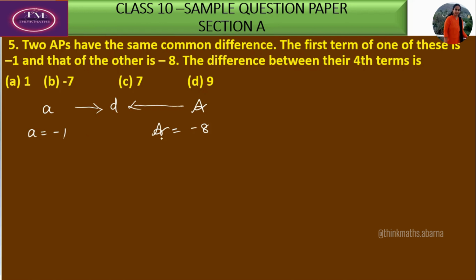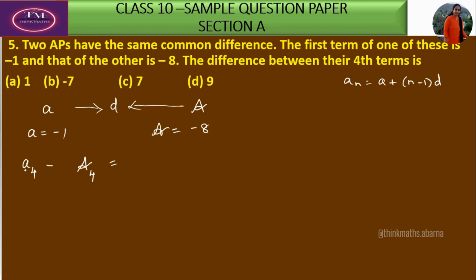Capital A denotes the first term of the other AP, it is minus 8. What is the question? The difference between their fourth terms. So the fourth terms are denoted by small a4 and capital A4. So what is the formula? An equal to a plus n minus 1 into d.